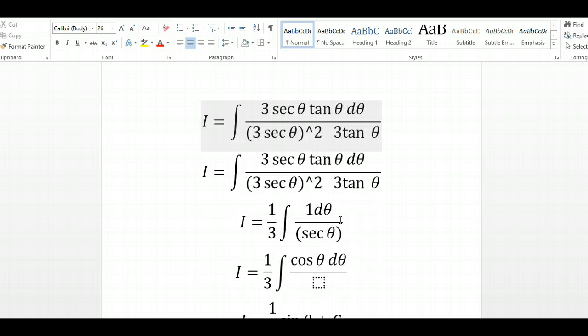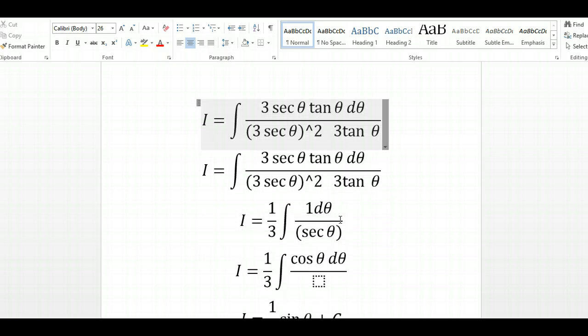Now things will nicely cancel off, hopefully. We have tangent theta cancelling off with tangent theta, and 3 cancelling off with 3. Then we have secant theta and a secant theta squared here, so one of the secant thetas will cancel off. Be very careful here: the tangent cancels out, the 3 secant cancels off, but we have a 3 squared coming from here, so it's really a 9.